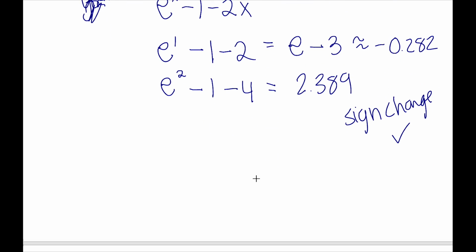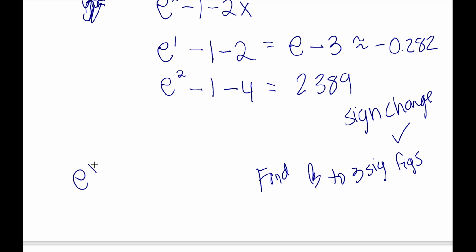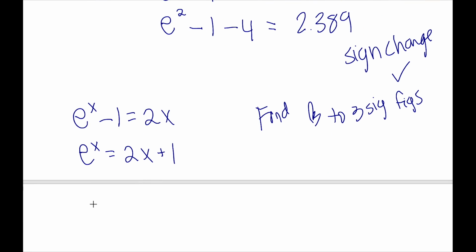Now we want to find beta to 3 sig figs. We need to solve for x. So first I'll move the 1 over. And remember, to get rid of an e, we do the ln of both sides.